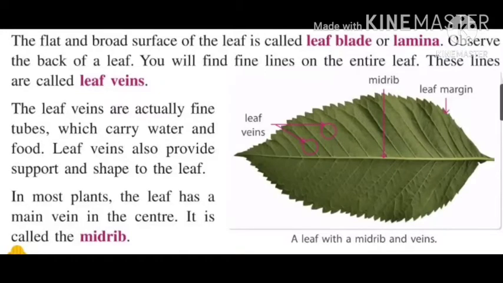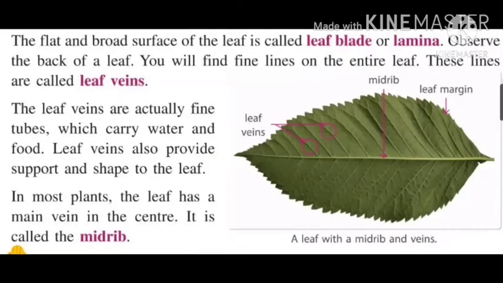Now let's understand. The flat and broad part, the uppermost part of the leaf, is known as leaf blade or lamina. If we observe a leaf, we will find there are fine lines on the entire leaf. These lines are known as leaf veins.